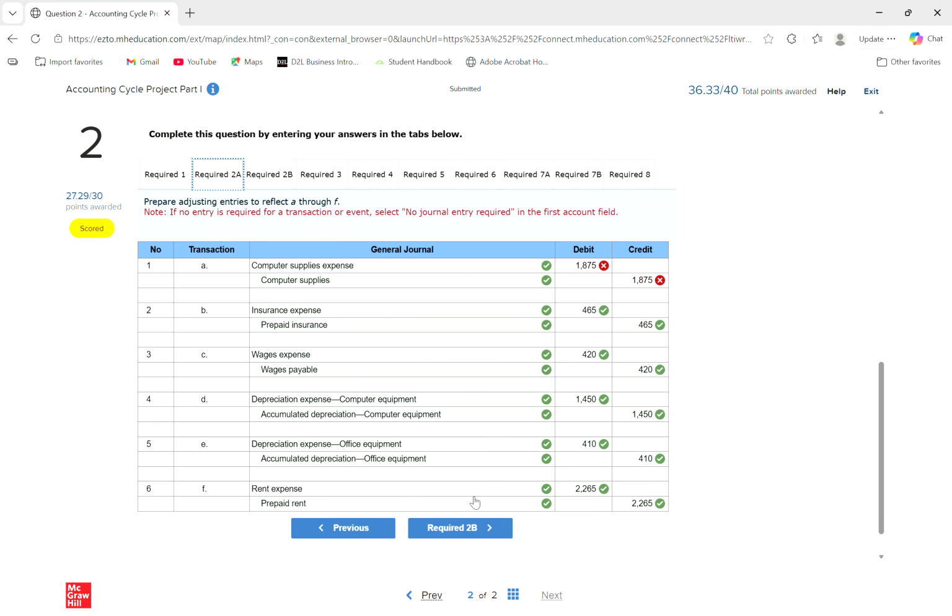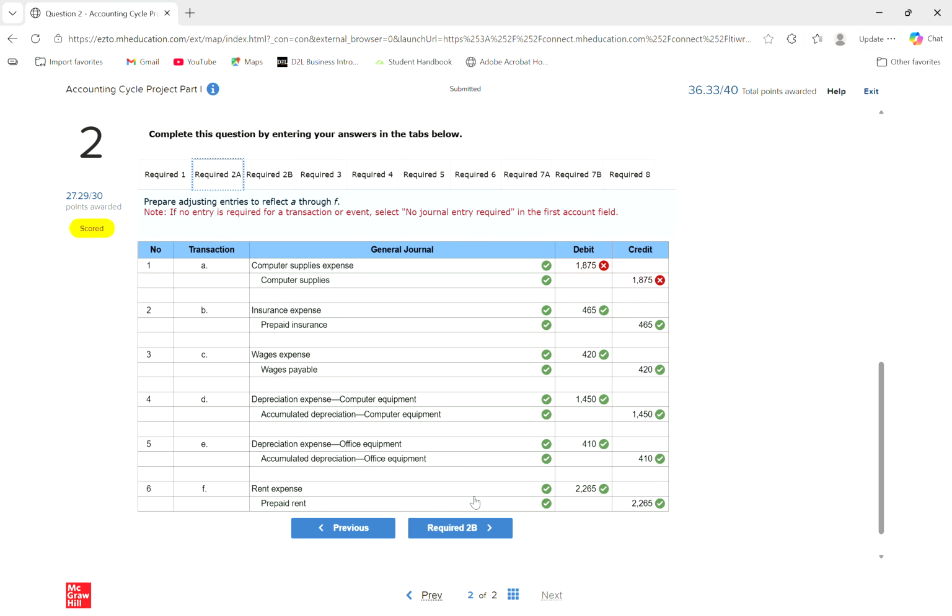So supplies used equaled 4,045 minus 670, which equals $3,375. I debited computer supplies expense and credited computer supplies. Initially, I mistakenly entered 1,875 instead of the 3,375. After recalculating and reviewing the inventory count, I corrected the amount.